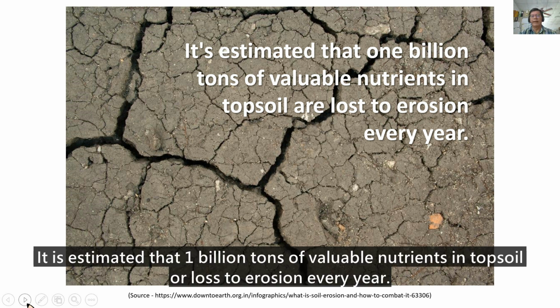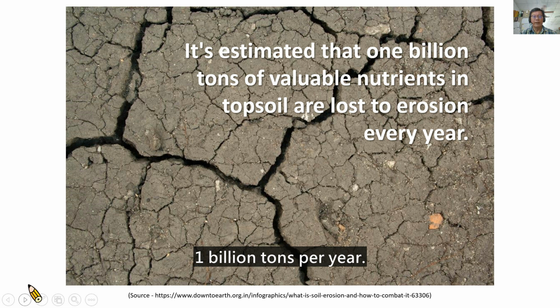It is estimated that 1 billion tons of valuable nutrient in topsoil are lost to erosion every year. 1 billion tons per year.